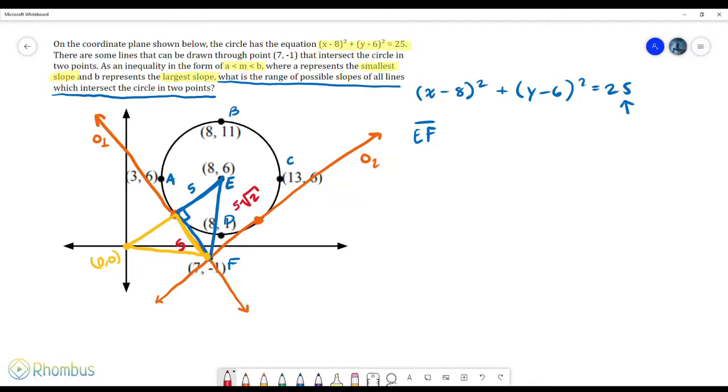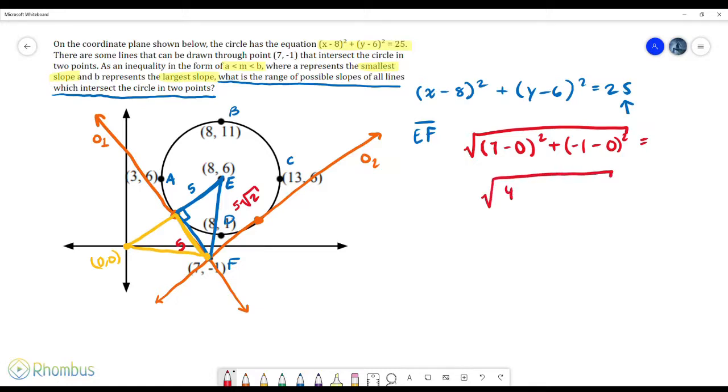So the distance formula we can use again to solve this problem. So the square root of, in this case, x2 will be 7, and then x1 will be 0, squared plus -1 minus 0 squared, which gives us 49 plus 1, because -1 minus 0 is just -1, and then if we square a negative, we just get the positive value of the square.